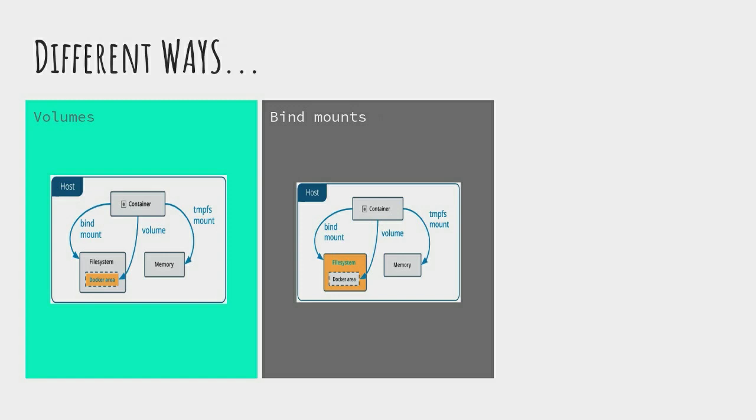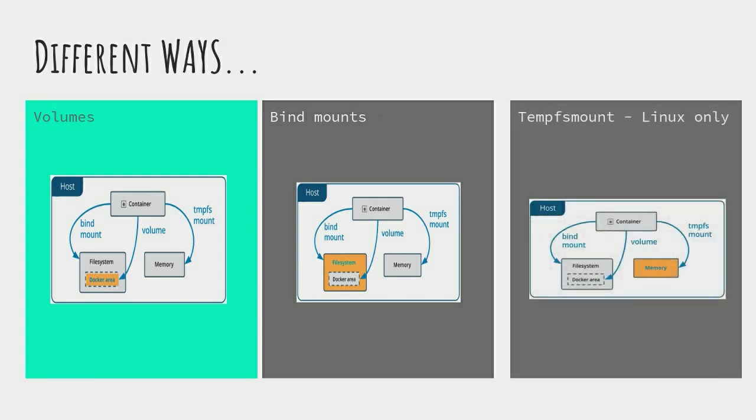So if you're on Windows, you'll have a different file system. If you're on Linux, you'll have a different file system. That is why the bind mounts created are not platform independent, and they are part of your host file system. So the paths may actually conflict, and the container may not run properly. So it is always suggested to create a volume instead of a bind mount.